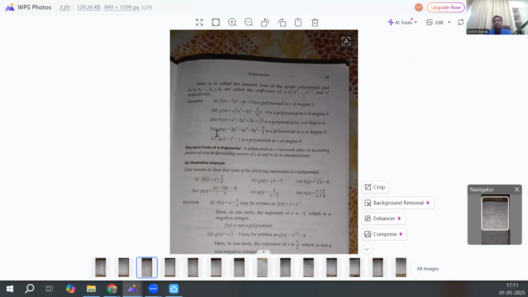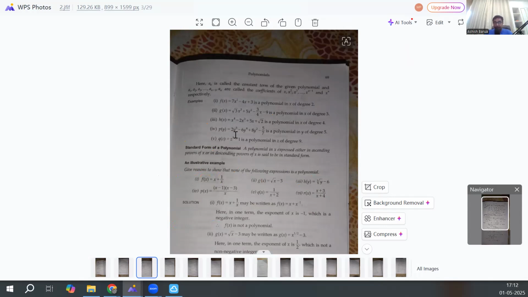Now, suppose p(y). Here the expression is 2y to the power 5 minus 6y to the power 4 plus 8y to the power 2 minus 5 by 7. It's a polynomial. Now the degree. To arrive at the degree, we need to arrange the variable terms in descending order.